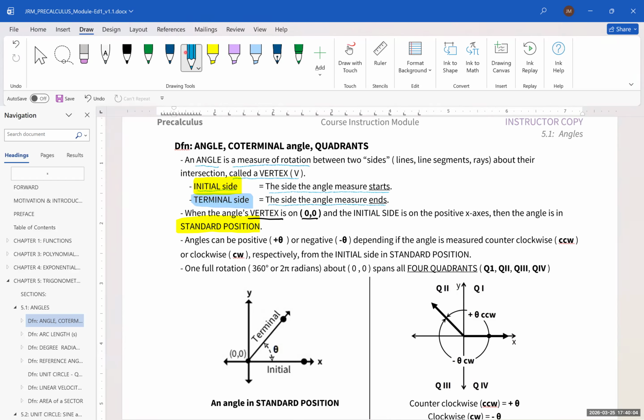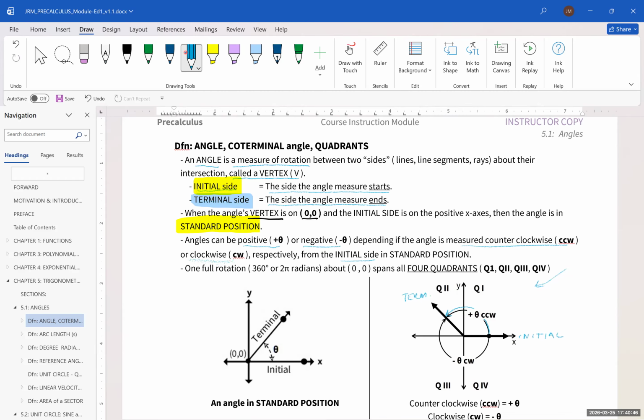Angles can be positive or negative, depending on whether the angle is measured counterclockwise or clockwise from the initial side in standard position. In the other illustration down here, we've got an angle in standard position, starting on the initial side, coming up and over and stopping right here on the terminal side.